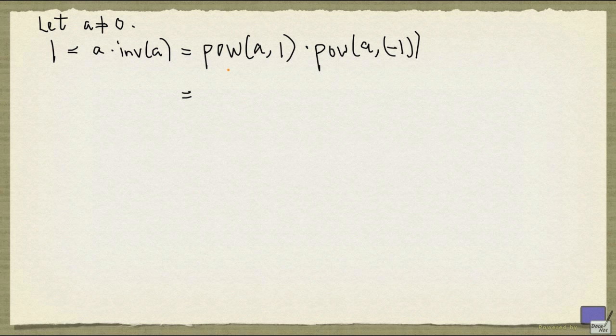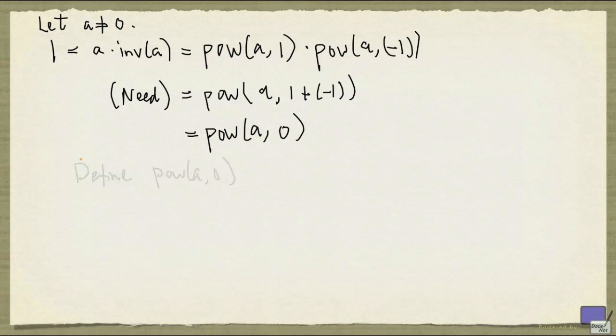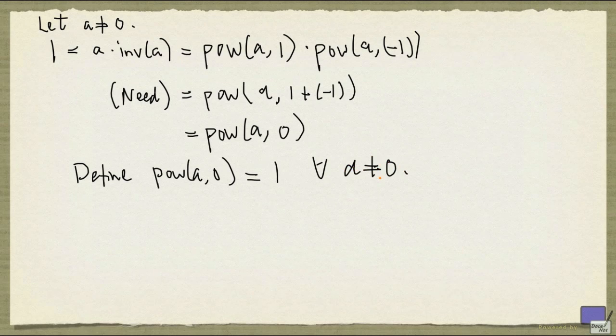And since we expect POW to satisfy property 1 that we have seen previously, we need this to be equal to POW(A, 1 plus minus 1). And that will give us POW(A, 0). So we will define POW(A, 0) to be 1, again for all A that is not 0. So this will again form part of the definition of POW.